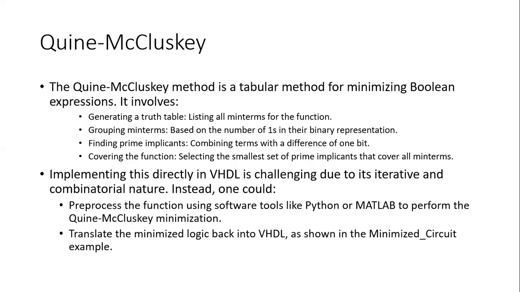Implementing this directly in VHDL could be challenging, because of the iterative and combinatorial nature. So we want to pre-process using Python or MATLAB, and then implement the results in VHDL.